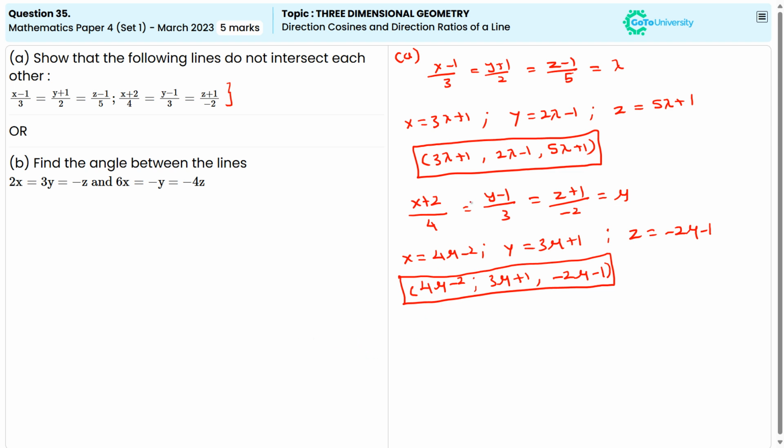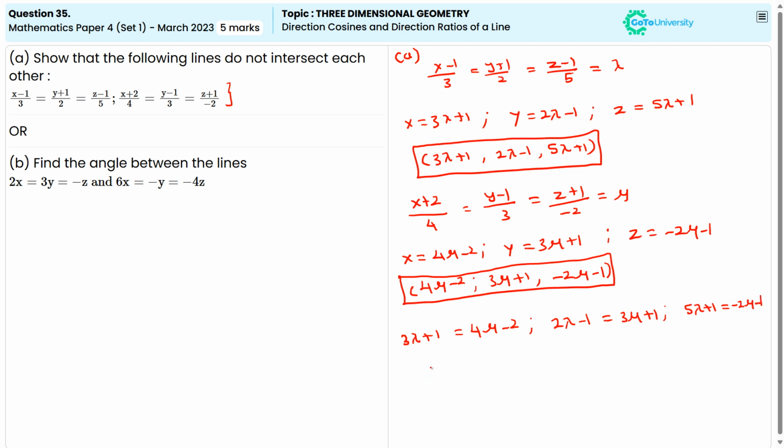Now we know that if the lines intersect, then they have a common point. So for some values of lambda and mu, we must have 3 lambda plus 1 equal to 4 mu minus 2, and 2 lambda minus 1 equal to 3 mu plus 1, and 5 lambda plus 1 equal to minus 2 mu minus 1.